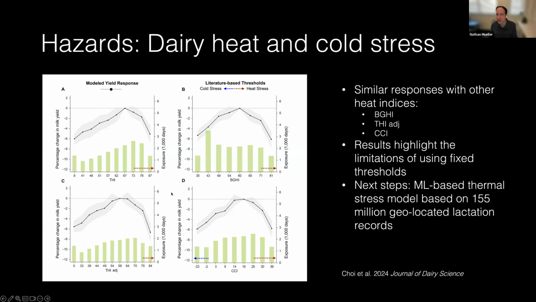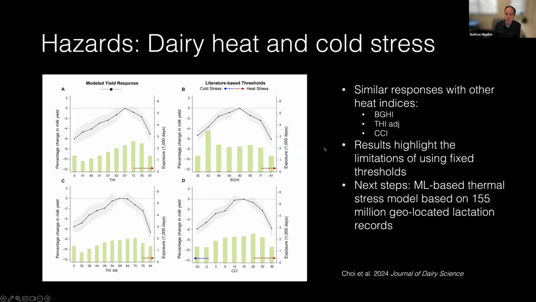I don't need to go into all these acronyms, but just know that it's a relatively consistent result. But often something that we see in the literature is the use of just simple thresholds of these indices. And we found that it was a much more continuous response over this whole range.